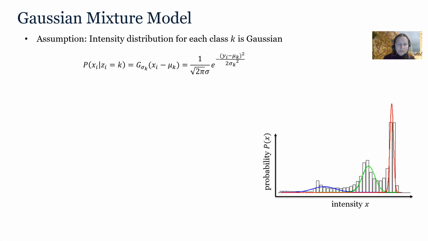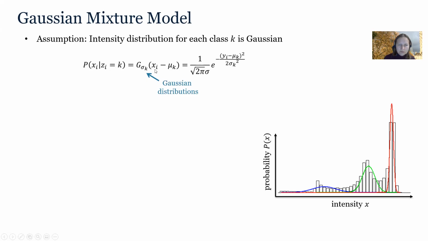So as we said, the assumption is that the intensity distribution for each class or cluster k is Gaussian. So you see here the peaks in the histogram and nice Gaussians that approximate these peaks. This is my notation for a Gaussian distribution.